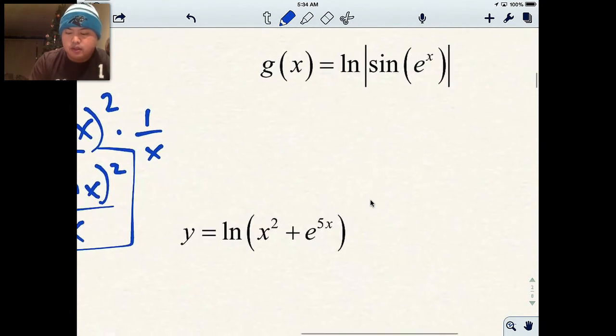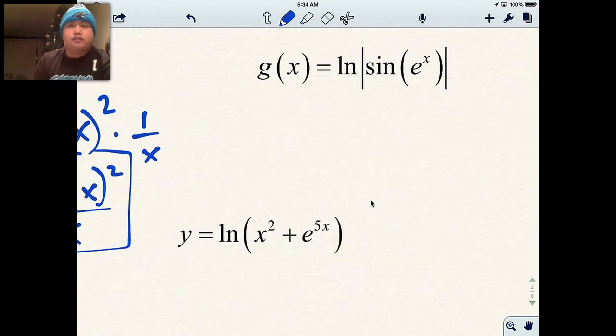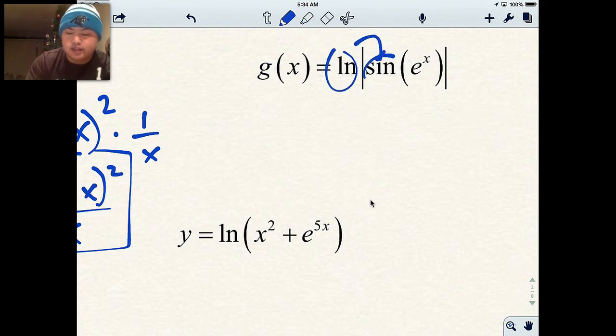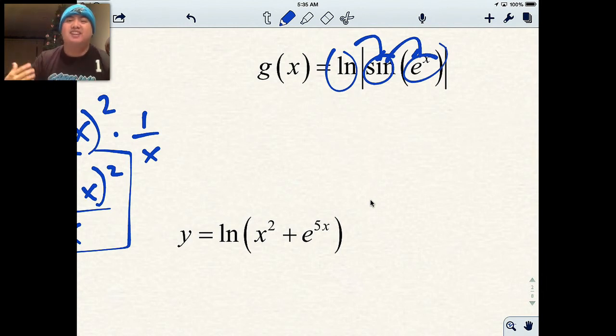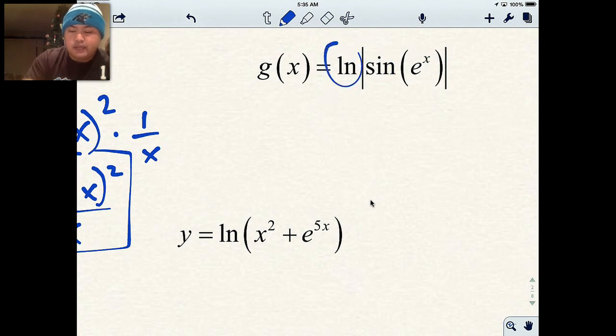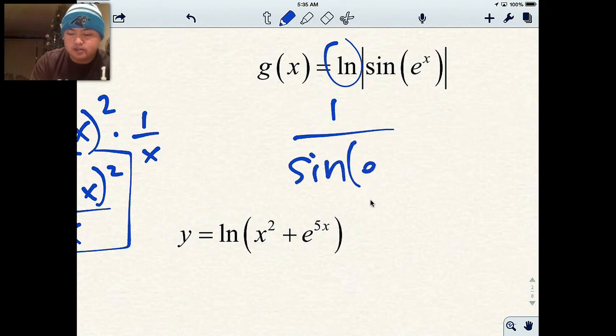Okay. And then let's just do one more, to see if you understand it. In this one, I have a function, ln, which has sine inside of it, which has e to the x inside of it. So now I've got a chain rule, something inside of that. Okay, so I'll take the derivative of the outside first. My outsidemost function is ln. So it's going to be 1 over sine e to the x.